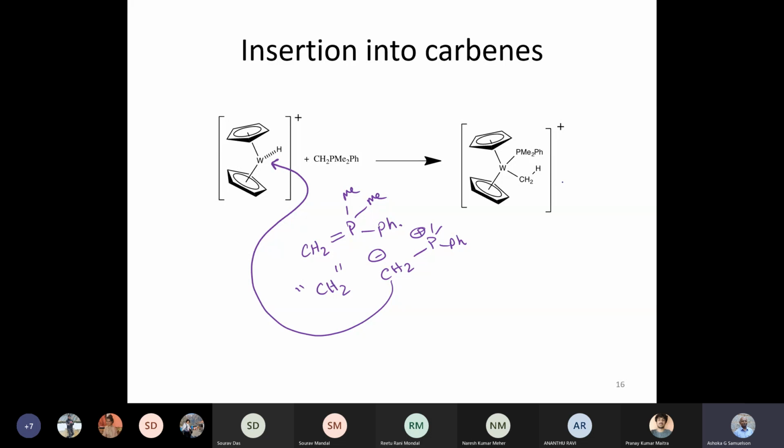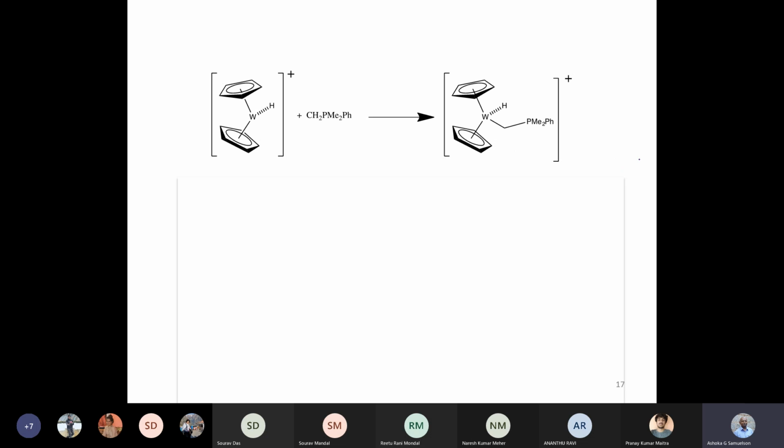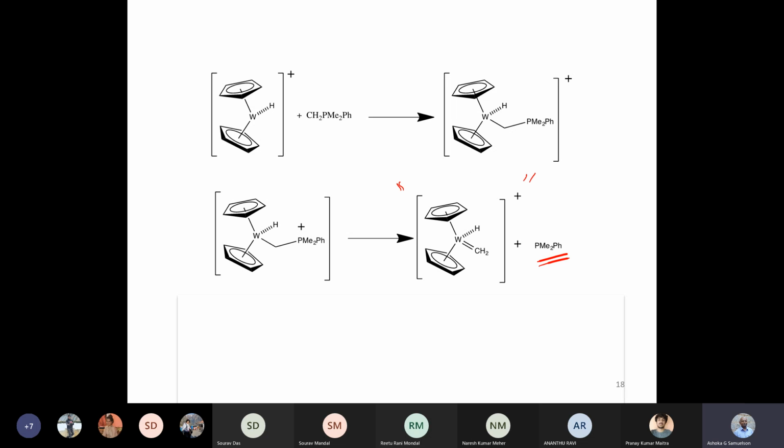This is the final product. But let's see the steps that are involved in this reaction. So the first step can be attack of the CH2 minus, resulting in an intermediate, which looks like this. And the second step can be the dissociation of the PMe2PH, which is actually a trivalent phosphorus. And so you would end up with a carbene hydride system.